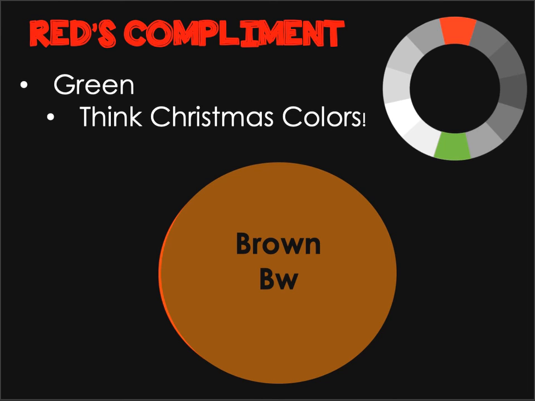Now, when you go to do this with paint, they're not going to create the brown that you think of, right? They're going to create a shade of a brown. Depending on the amount of green or the amount of red in, they could go either way, but they make kind of this murky, just ugly brown. It would be a brown that you would never really want to use as a paint color.